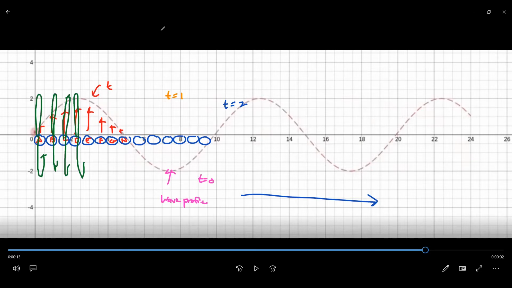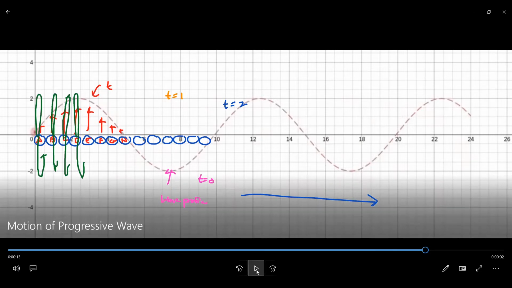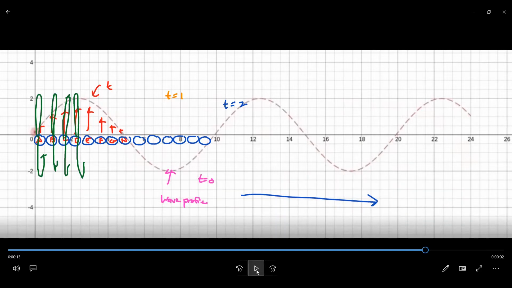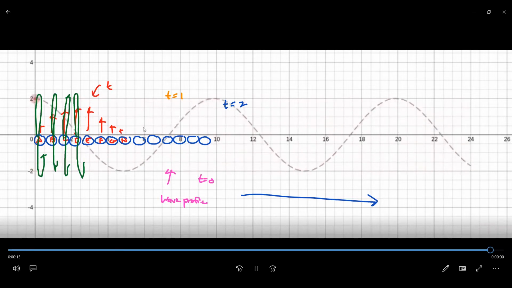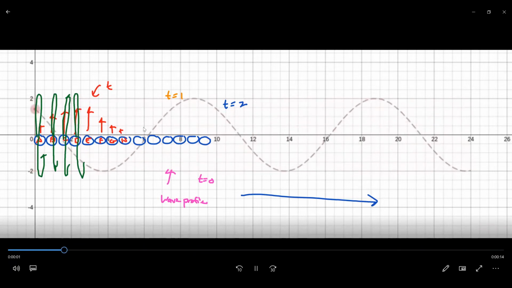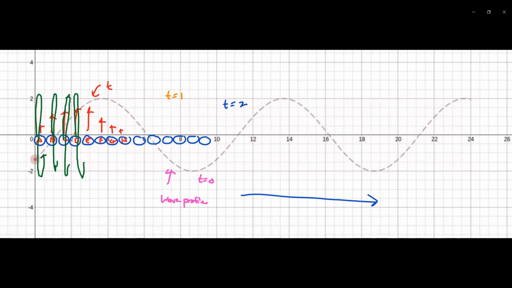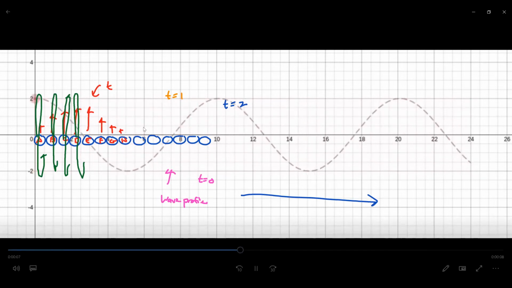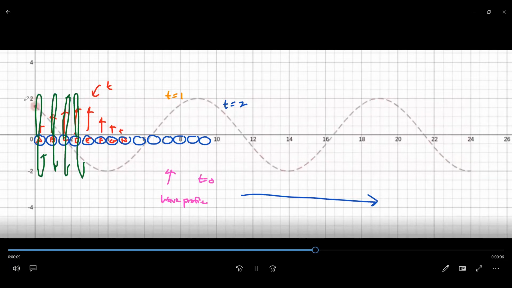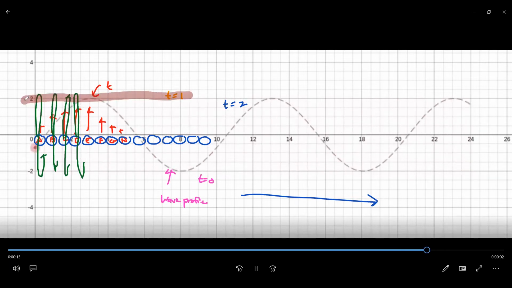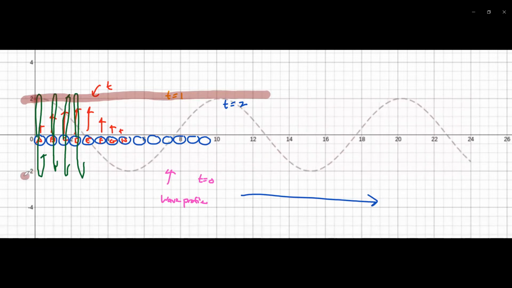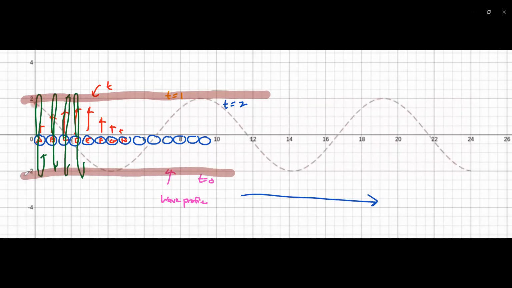But what I want you to see is how the amplitude of the particle is as the wave profile changes. See, now I play the video again. You notice that all the particles will oscillate up and down. But when it comes to the amplitude, you notice that they all seem to have the same amplitude. They don't exceed this line here, and they never exceed the lines that I've drawn here.